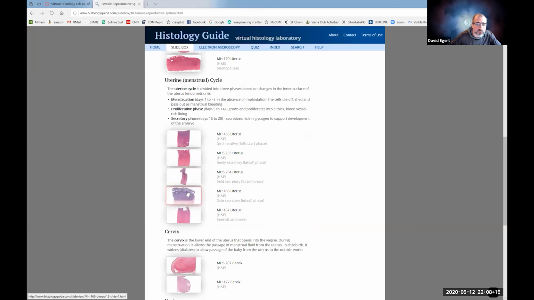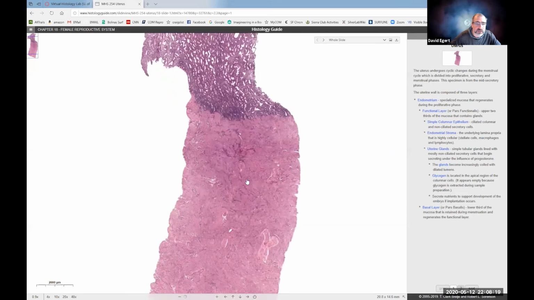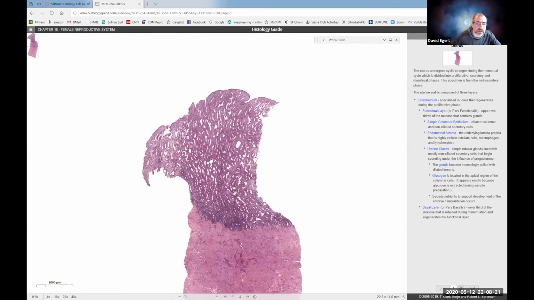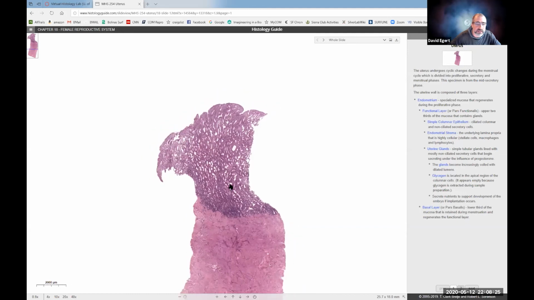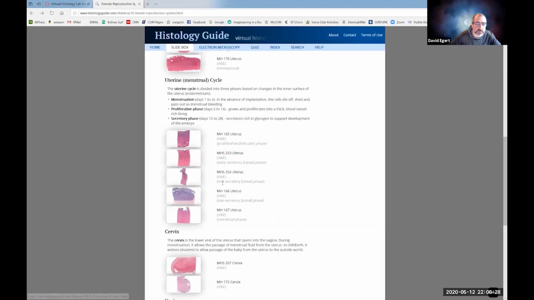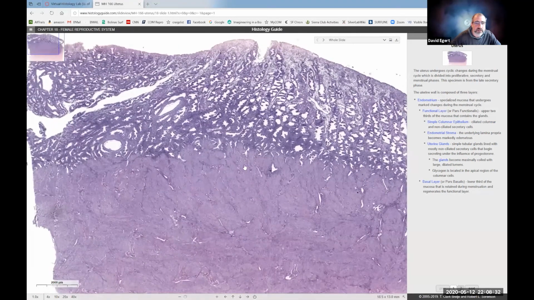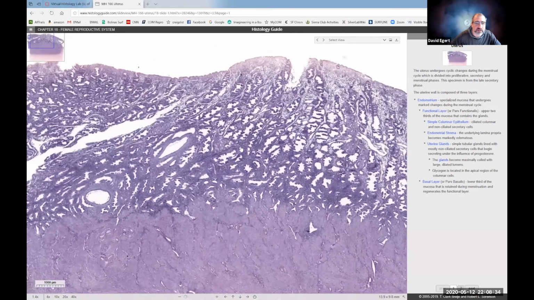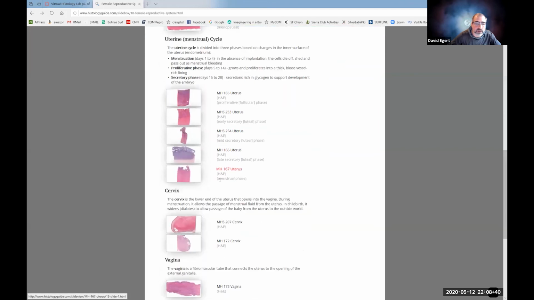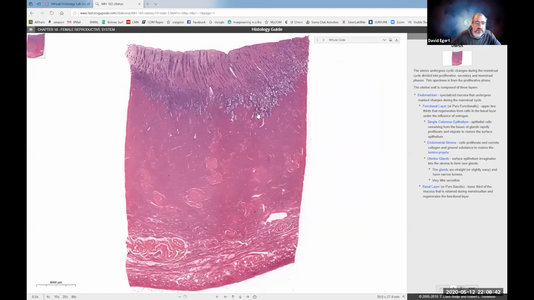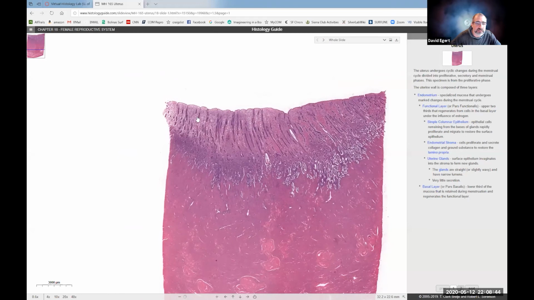If we go to the secretory phase, here you can see a much more developed set of glands, with all these little swirly glands up above the myometrium. Again, here you can just compare, look at the glands here, all this crazy glandular stuff. If we go back to the proliferative phase, it's just getting started, right?